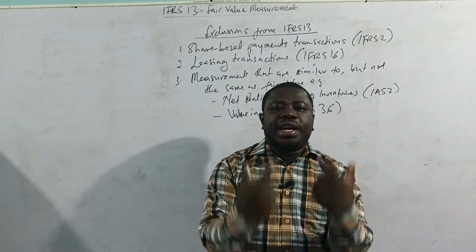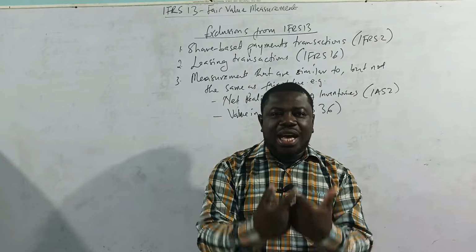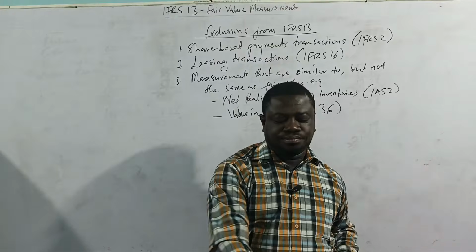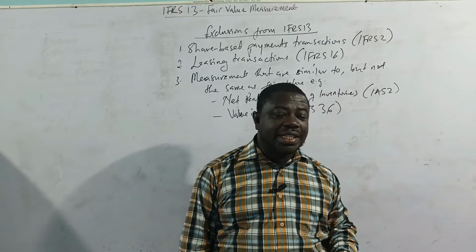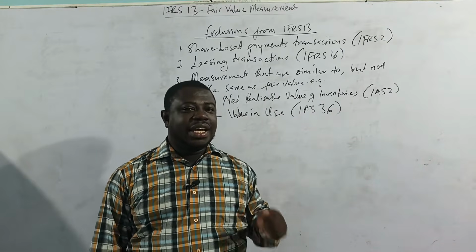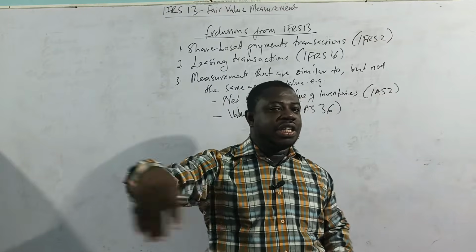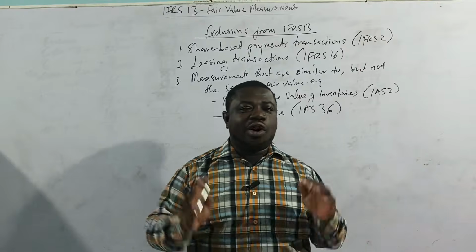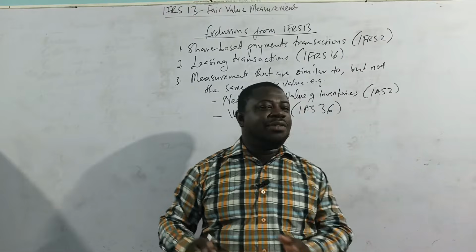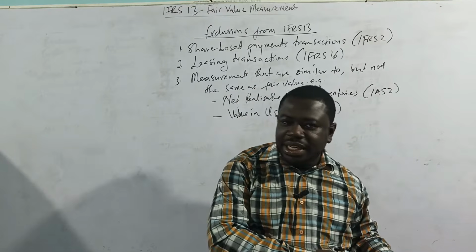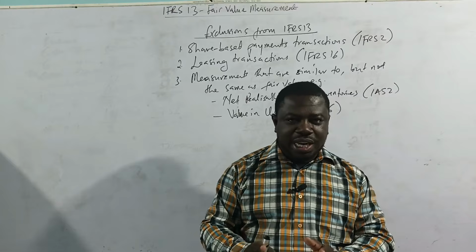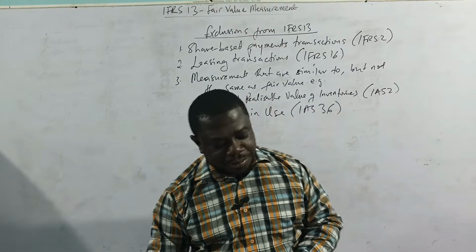Okay, so then what is fair value as defined by IFRS 13? According to IFRS 13, fair value is the price that will be received to sell an asset or paid to transfer a liability in an orderly transaction between market participants at the measurement date. So I'm putting that on your screen. Look at it carefully.